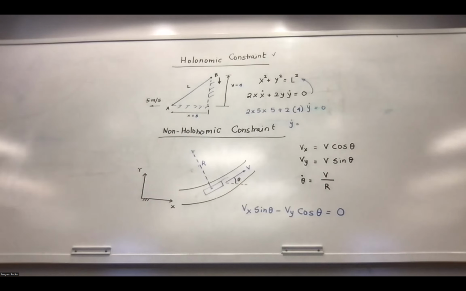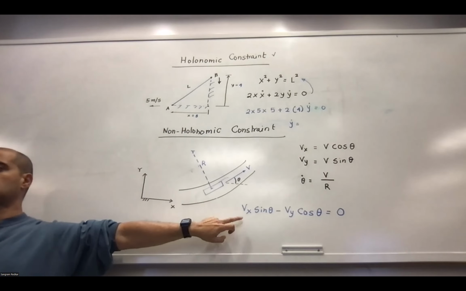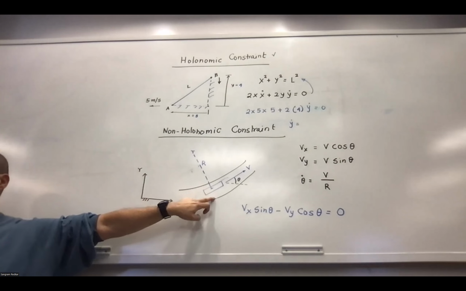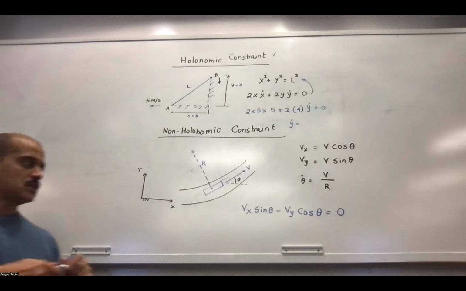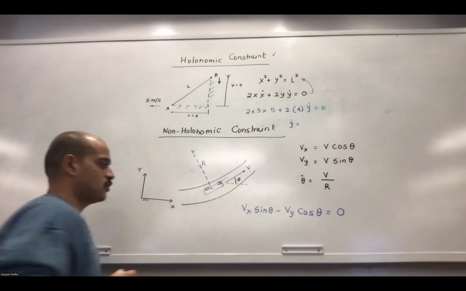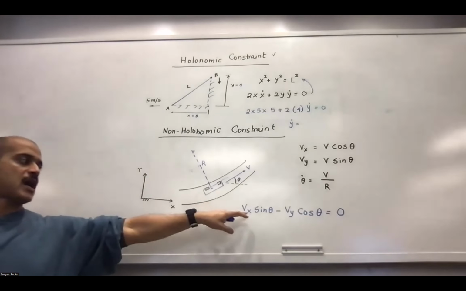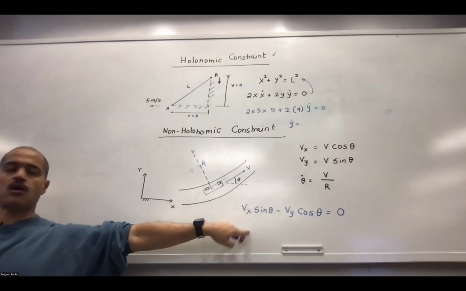I will give you a minute to think about whether this constraint will always be satisfied for a ground vehicle, as shown over here. If I have a ground vehicle wherein this wheel and this wheel are very close to each other, this constraint must be satisfied. What does that mean?